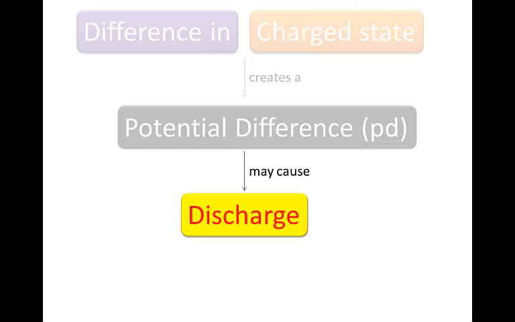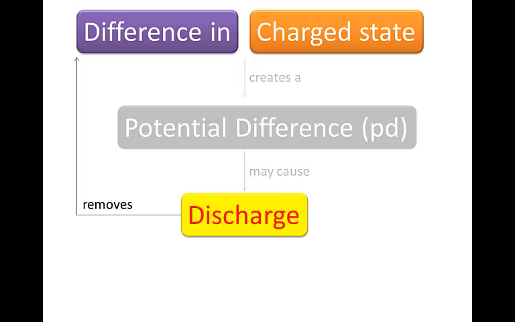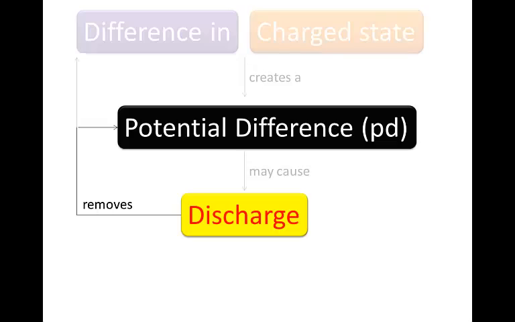First of all, why does it happen? Discharge happens to remove the difference in charge state so that the two objects are no longer different in charge state. Instead, they have the same charge state as one another. And in the process, that also removes the potential difference between them. And in this way, it makes them more stable. So that's what drives discharge.